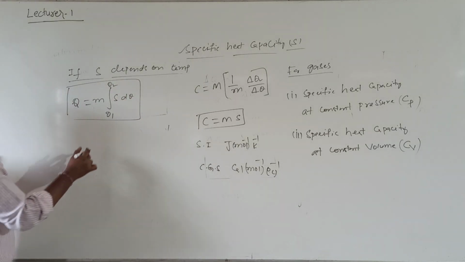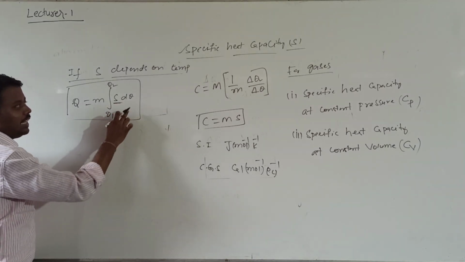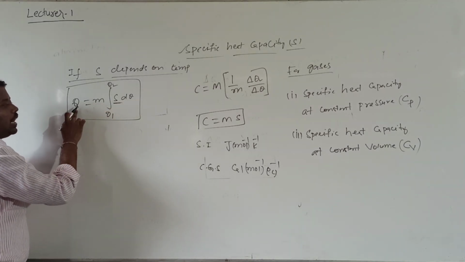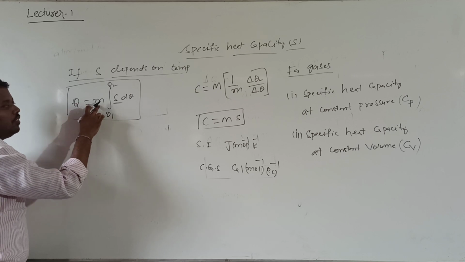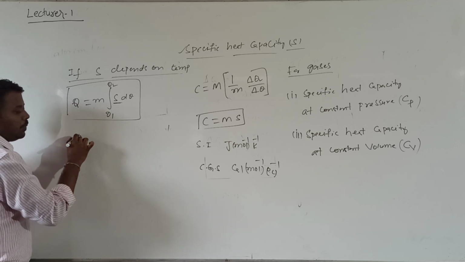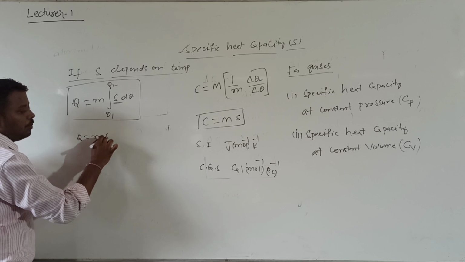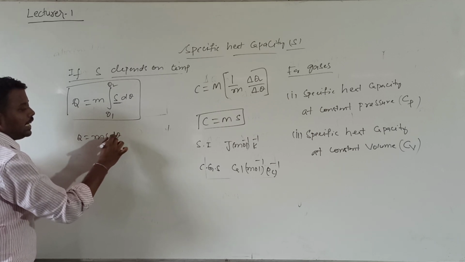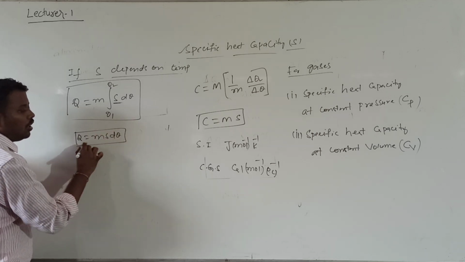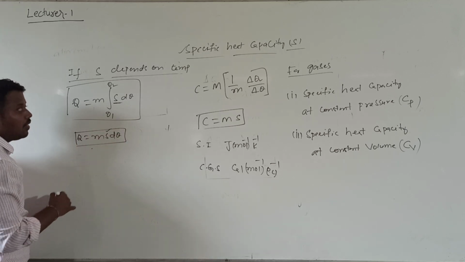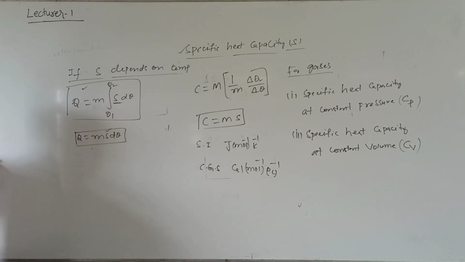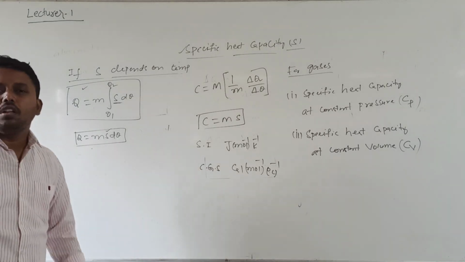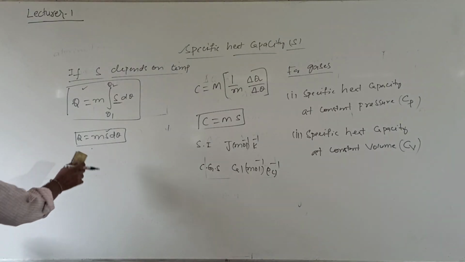Whenever S is given as a function of temperature, then to calculate the heat supplied this formula is used. So the general formula is Q is equal to m into S into d theta. If S does not depend upon temperature, use this formula. If S depends upon temperature, use this formula.